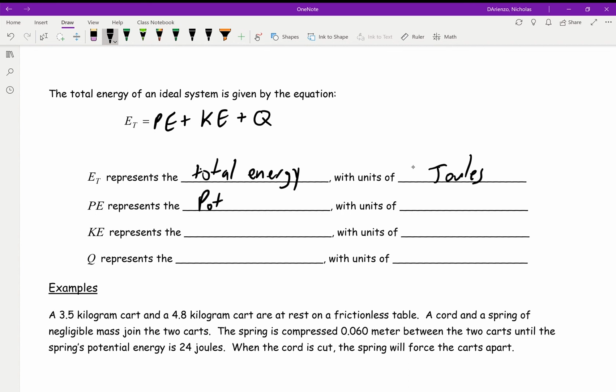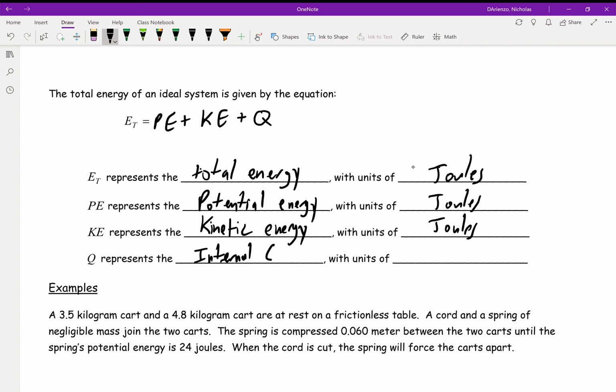PE is potential energy, again in joules. KE is kinetic energy in joules. And Q represents internal energy, otherwise known as thermal, again in units of joules.